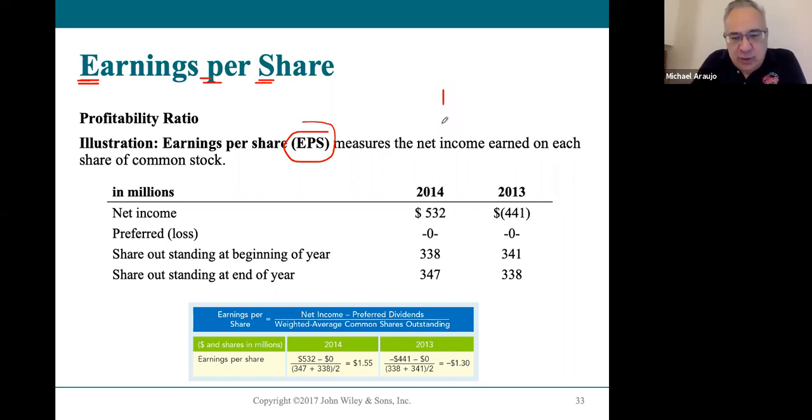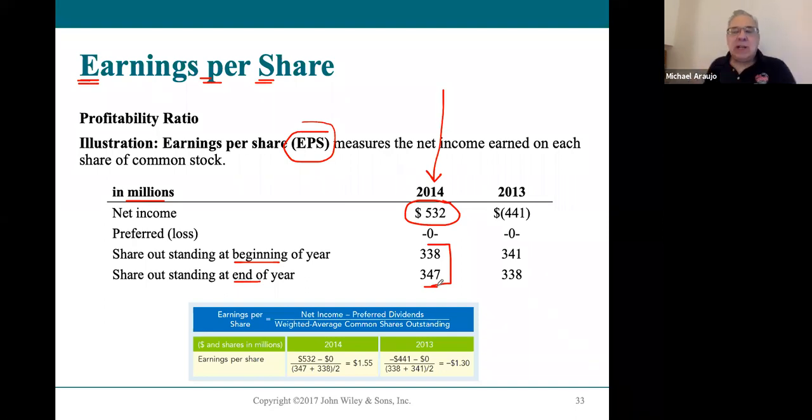So again, I'm going to focus on 2014, where they actually did have a profit. Notice that the number of shares, which are in millions as well, fluctuate through the year. At the beginning of the year, Best Buy had 338 million shareholders. But by the end of that year, they had 347 million shareholders.